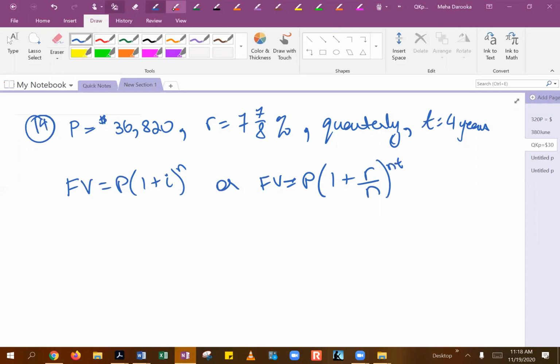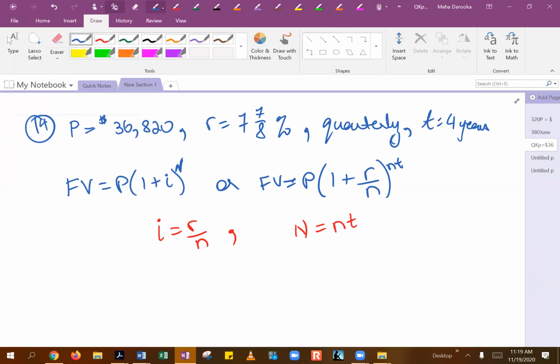Because the way this formula works, your i, as I showed you, is defined as r over n. And this capital N, just to show that it's a different variable, let's use capital N for this one. That capital N is actually small n multiplied by t.